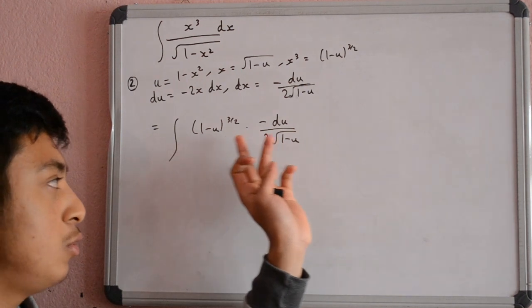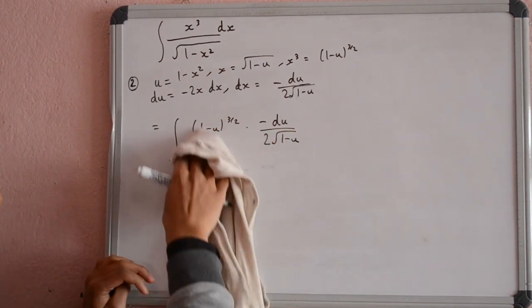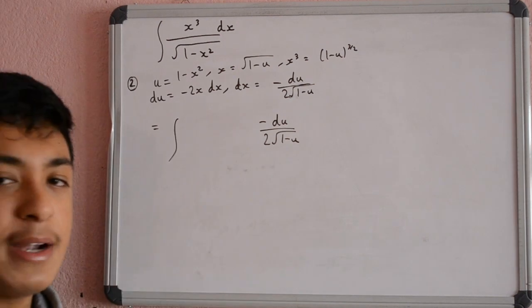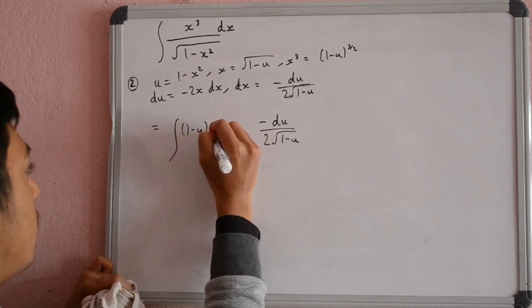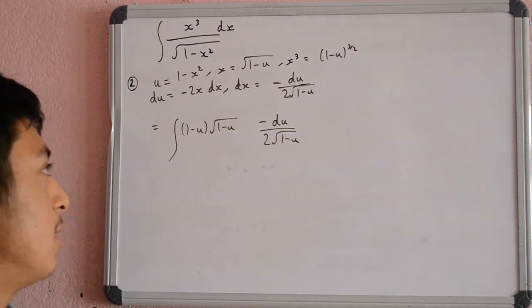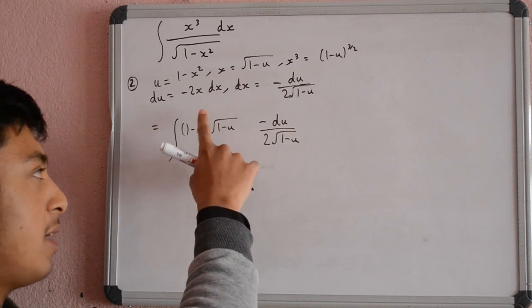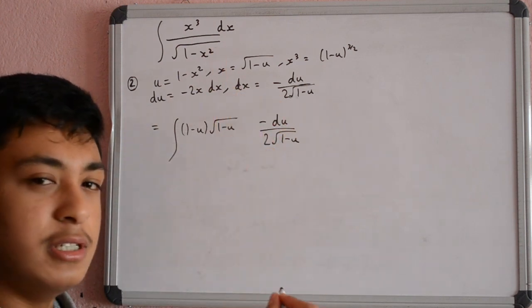well, we have 1 minus u and 1 minus u. We can somehow cancel that, right? Well, instead of to the power 3 by 2, what if we just write it as 1 minus u multiplied by root 1 minus u, because that's what 3 by 2 is, right? Because this is to the power 1, this power a half, and 1 plus a half is just 3 by 2.